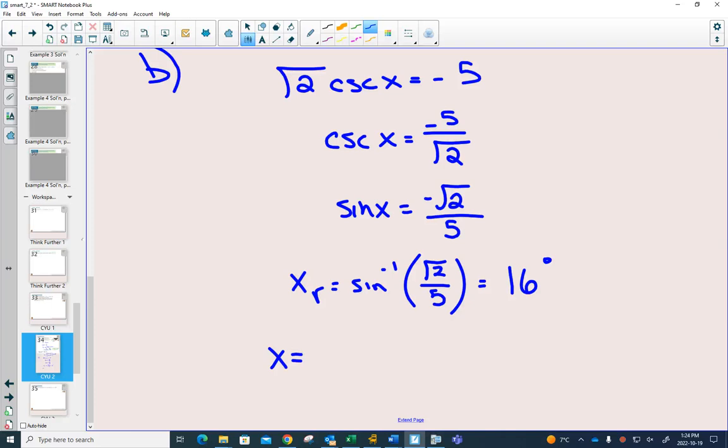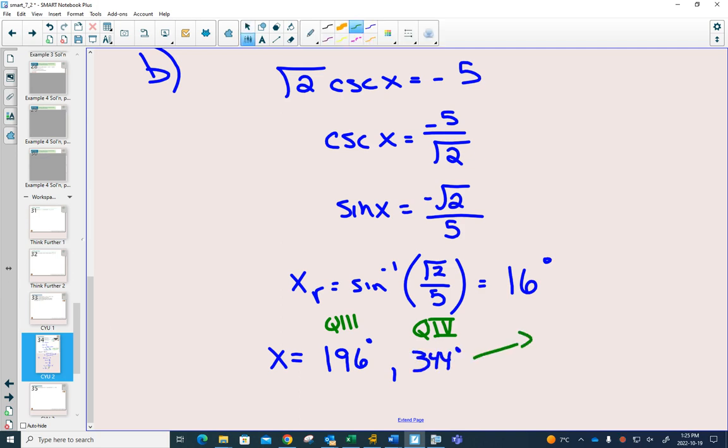So then x, because sine is negative, it'd be quadrant 3 and quadrant 4. In quadrant 3, you do 180 plus your reference angle. And in quadrant 4, you would do 360 minus your reference angle, 344 degrees.